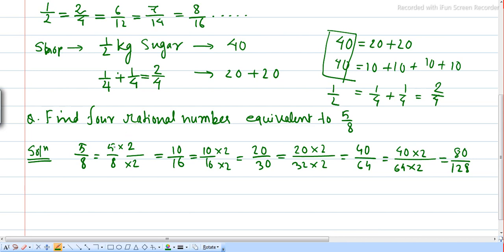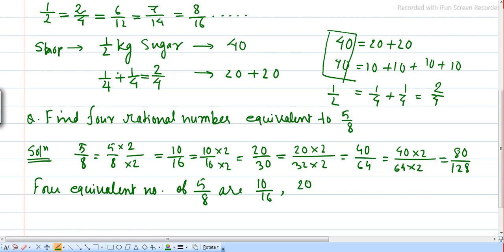So you see, we'll write 4 equivalent numbers of 5 by 8: 10 by 16, then you can write 20 by 32, then you can write 40 by 64 and 80 by 128.